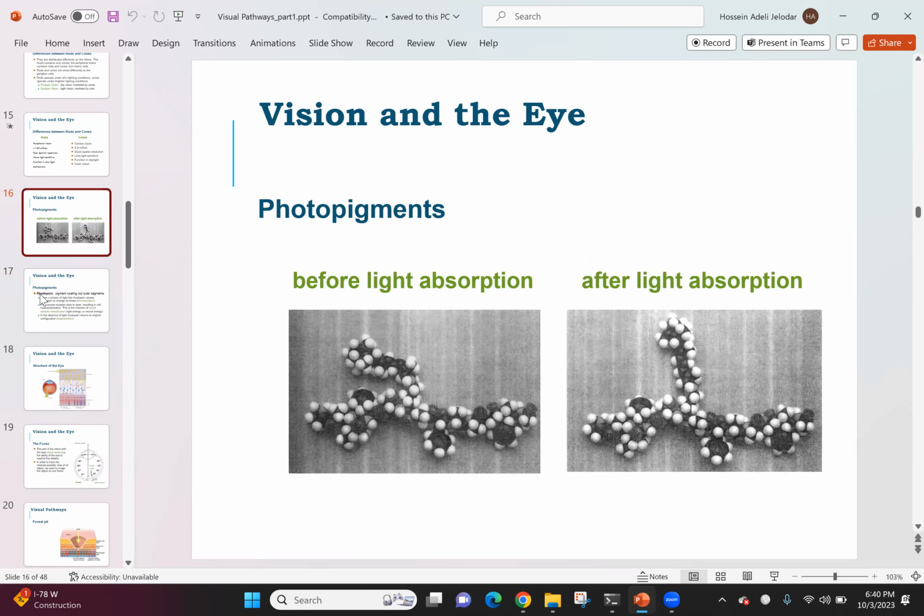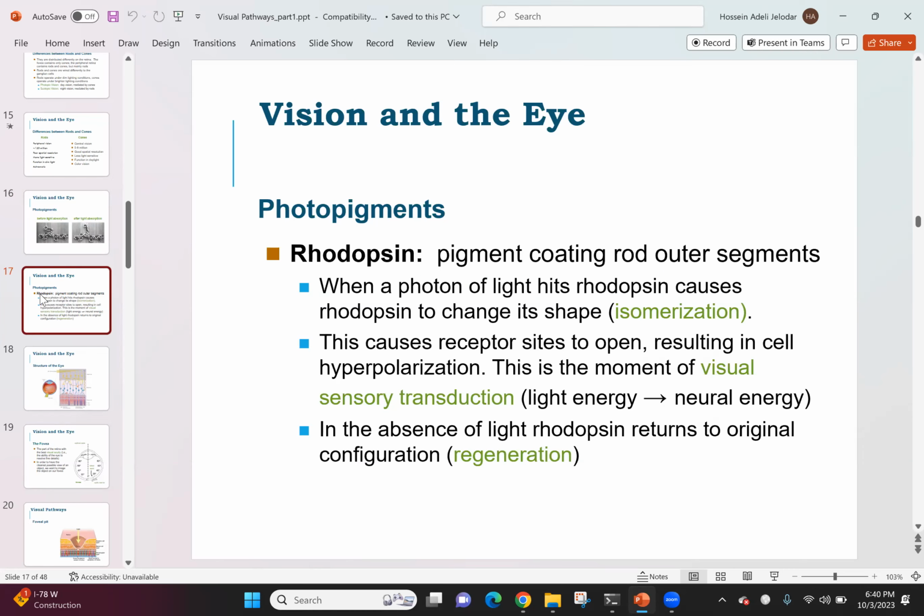In this case, this protein changes shape when a photon of light hits it. What does that do? Well, it opens up certain channels. When the shape of a protein changes, it opens up certain channels. And it actually hyperpolarizes the photoreceptor cell. So you would think that light activates a photoreceptor, but it's the opposite of that.